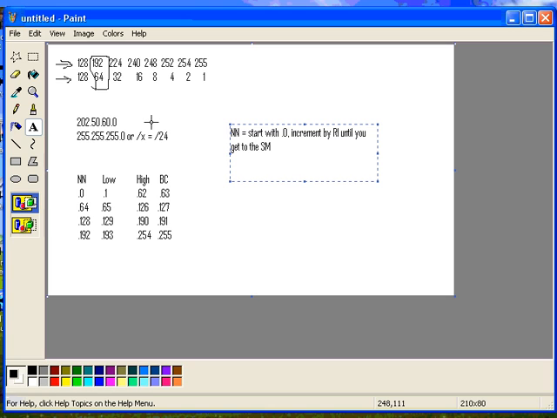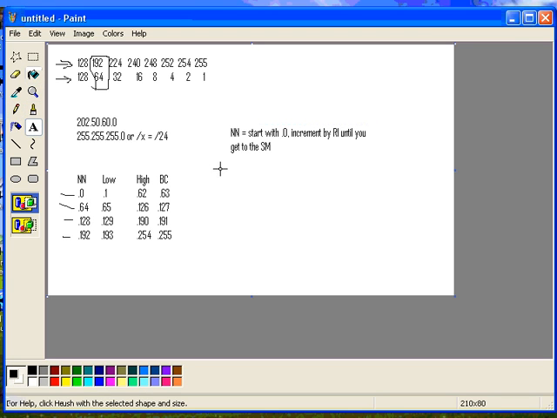You start with 0, increment by 64 until you get to the top number, and you can clearly see I've done that right down here. The difference between each of these rows for all the columns should be 64. That's the network number.